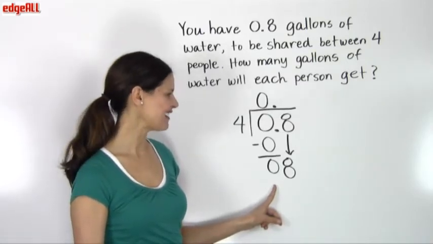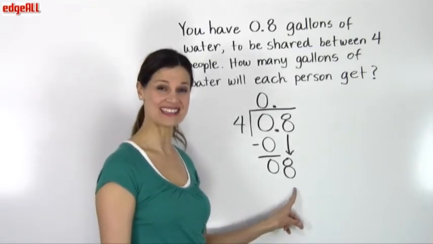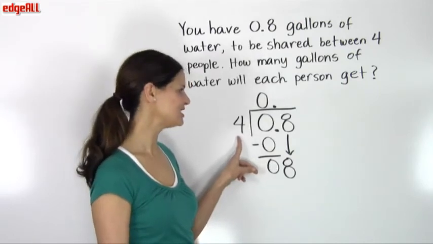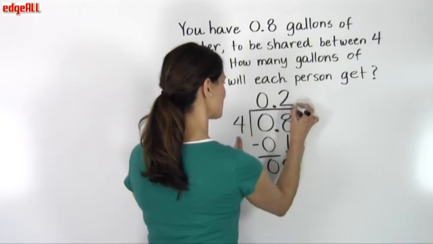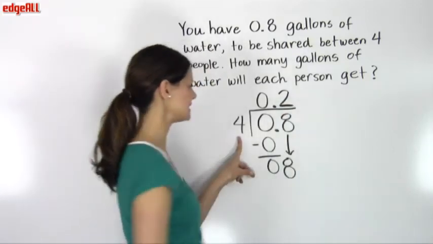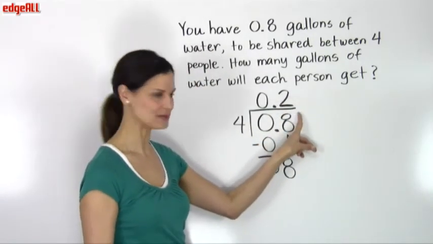And so now I have a pretty simple division problem of 8 divided by 4, which equals 2. And I place my answer here in the quotient, and it's a 2 right here to the right of the decimal point.